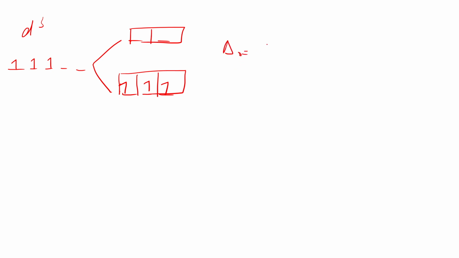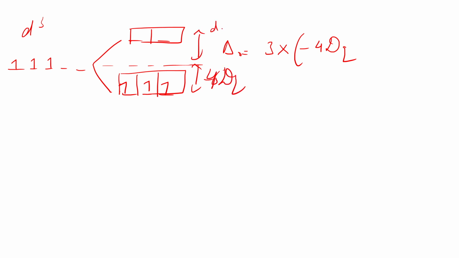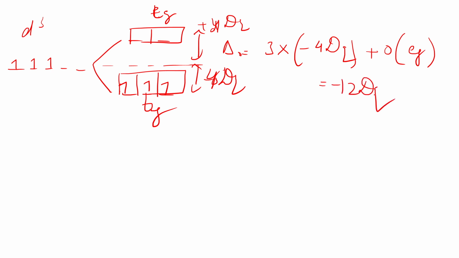Delta naught is equal to 3 electrons having an energy of minus 4 Dq. This is the barycenter, and the energy is lowered by minus 4 Dq, and the dx2-y2 energy is increased by plus 4 Dq. This is Eg, this is t2g. 0 electrons in Eg. So the energy is minus 12 Dq.